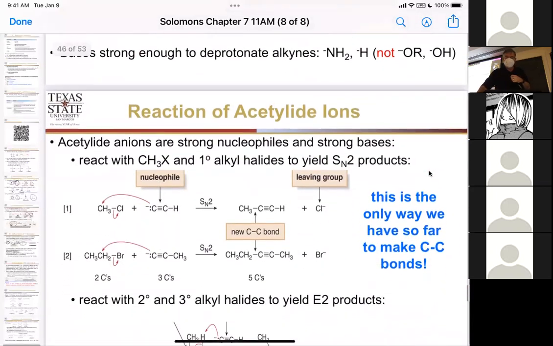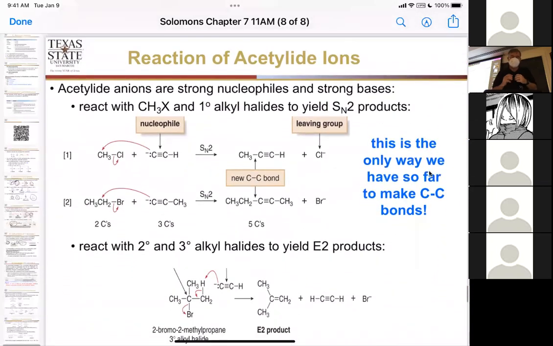Okay. So how can we use this to our advantage? Well, let's say we wanted to extend the chain on our compound by 2 carbons. The easy way to do it with 2 carbons, you can't just attack it with a primary anion, because those you can, but those are not as acidic and they're much harder to form.